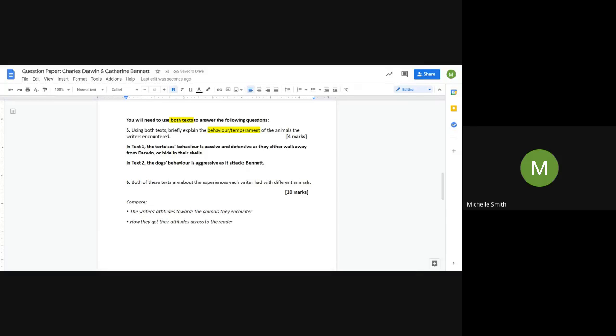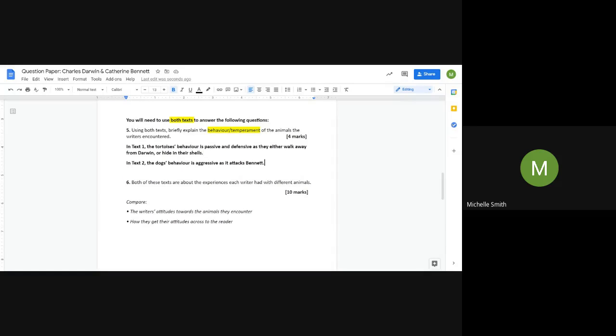We've briefly explained its behavior because it's aggressive, and why, because it attacks her. If you want to give more detail, you can. You could put because it charges at her, or it rears or lunges or circles, whatever you want. But remember, you don't have to quote the text in this question. It's one of the only ones where you don't have to do it. So that would get me 2 marks currently.